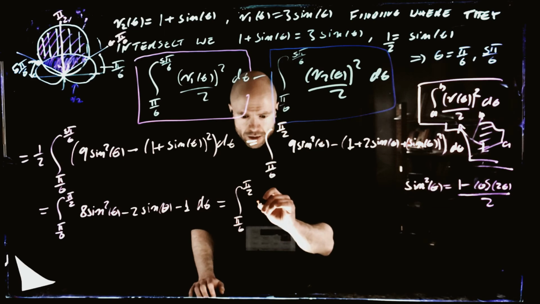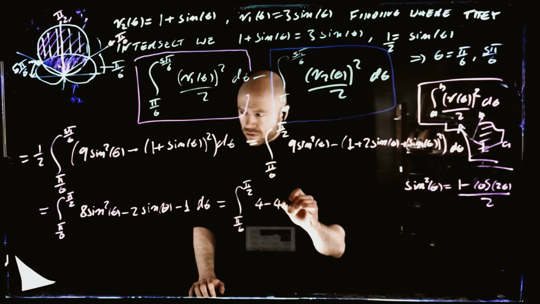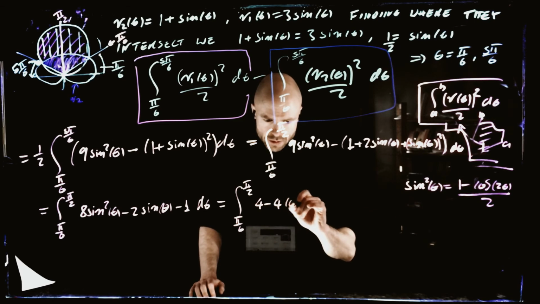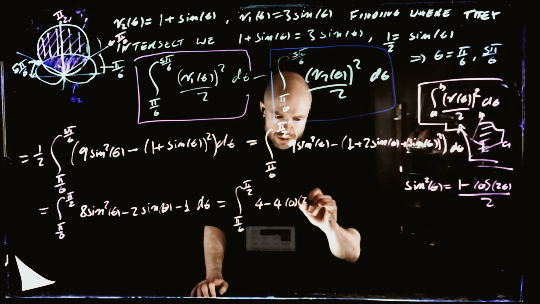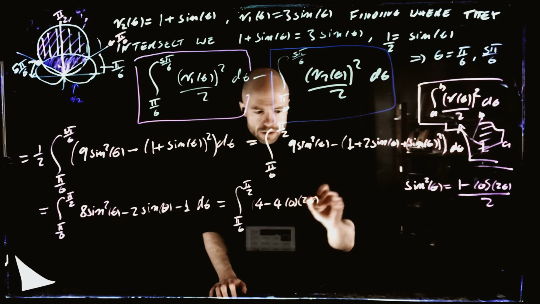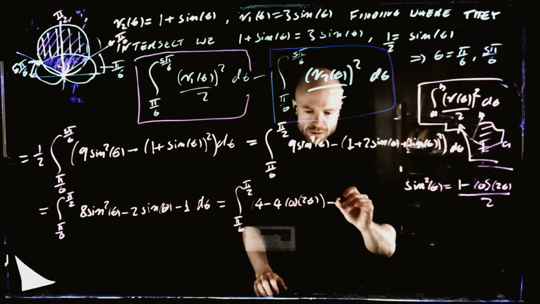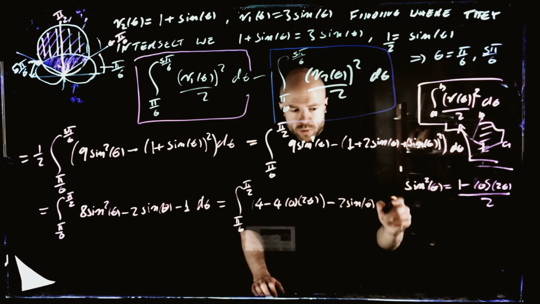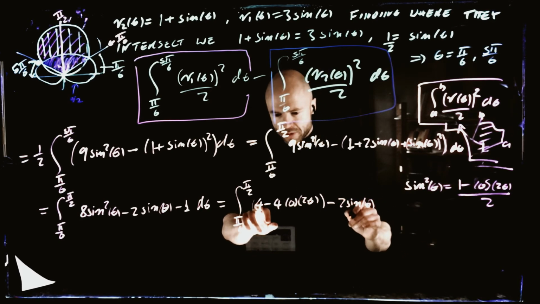And now we're just going to have 4 minus 4 cosine of 2 theta, right, this thing, and then minus 2 sine theta, and minus 1. But if we minus 1, then we have this 4 over here.